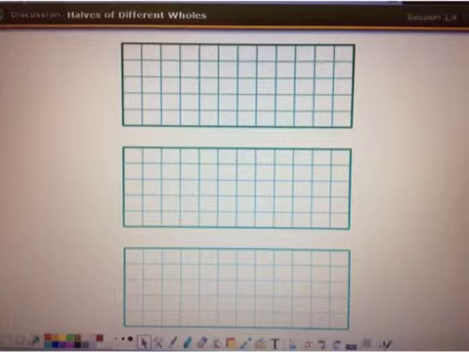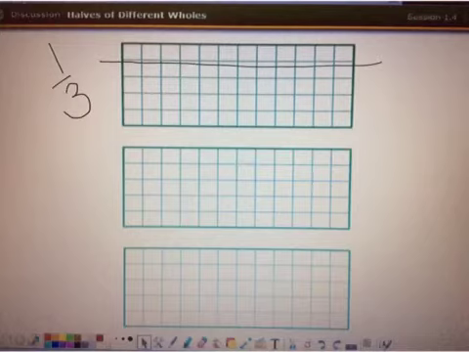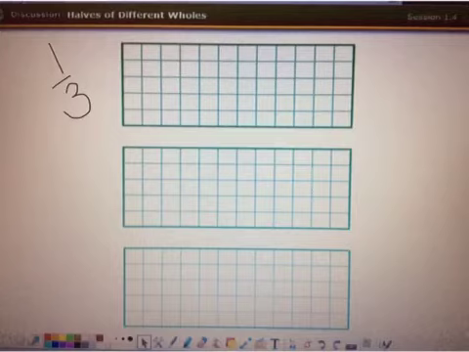Now, I'm thinking about how there's 60 altogether on this 5x12 rectangle. I want to have 3 equal parts so that my fraction is 1/3. So right away I noticed that if I tried to divide this way, it wouldn't quite work. So instead, I know I need to divide from top to bottom, or vertically.